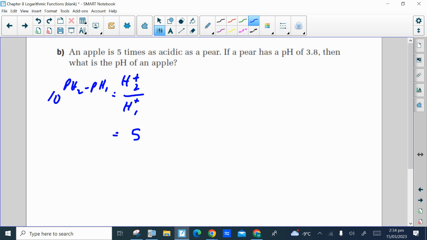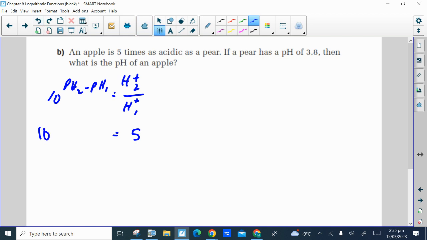In this case, we're given how many times more acidic the apple is compared to the pear. We need to find out what the pH of the apple is. So again, the apple is more acidic than the pear, so that'll be pH 1.